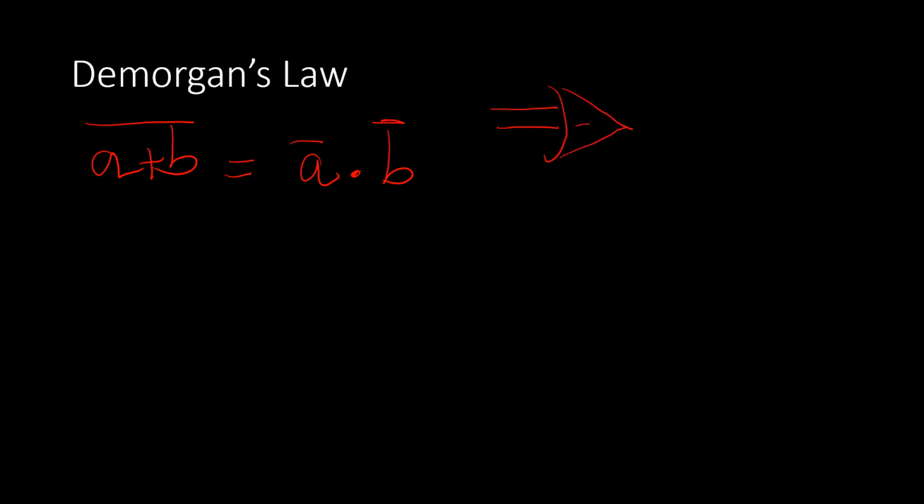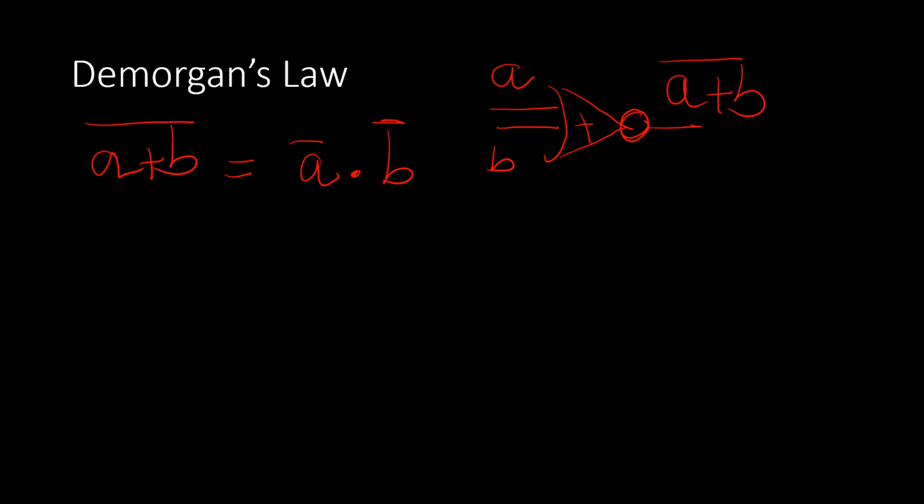It states that if I have the NOR operation, A NOR B is equal to A complement and B complement. This is very interesting. Why? Because this means that if I have a NOR logic gate with the two inputs A and B. So here I have A NOR B.